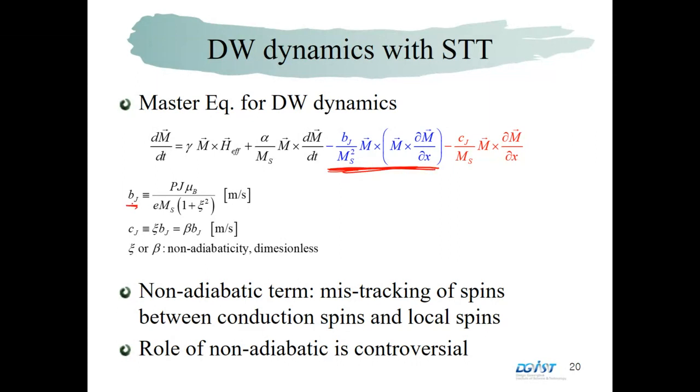And here B_j has the unit of velocity, and it's given by this form. And here I introduced the non-adiabatic spin torque. Sometimes we call this beta, or sometimes we call this eta.